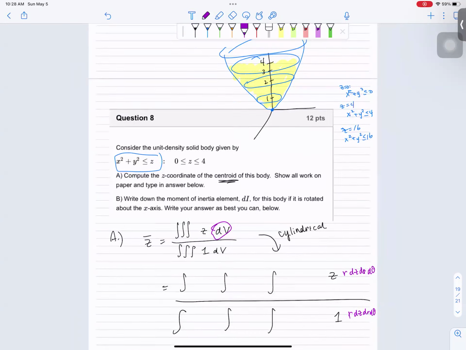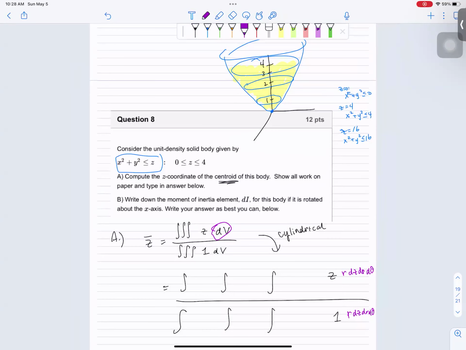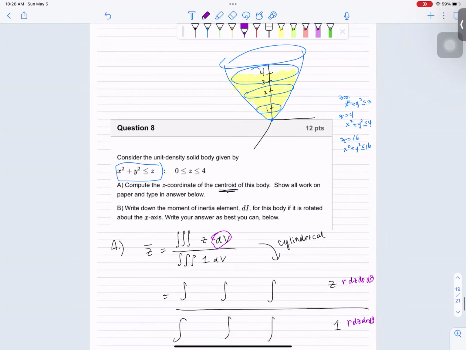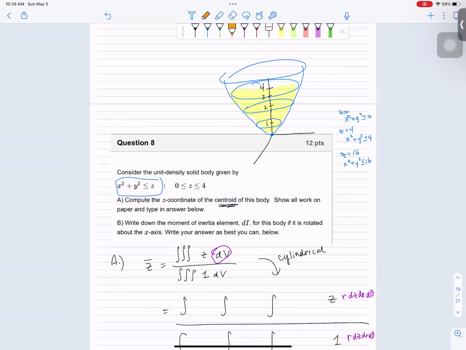All right. What are my bounds? For z, I draw a line in the increasing z direction, this orange line. Where do I enter? This orange line enters at the shape I have, x squared plus y squared less than or equal to z, right?